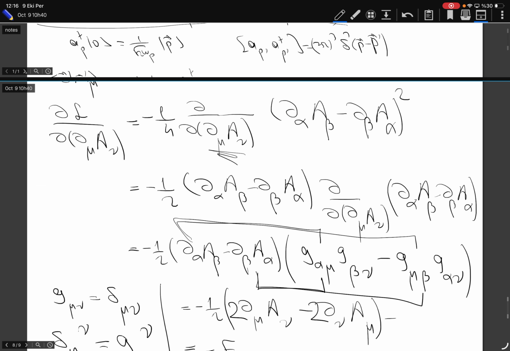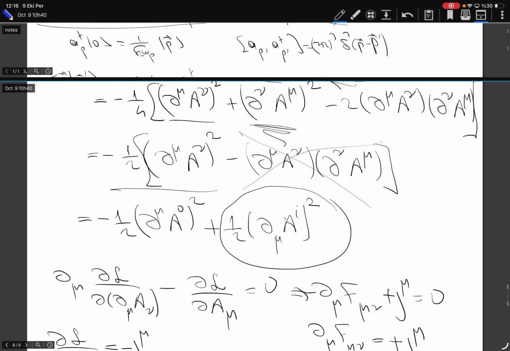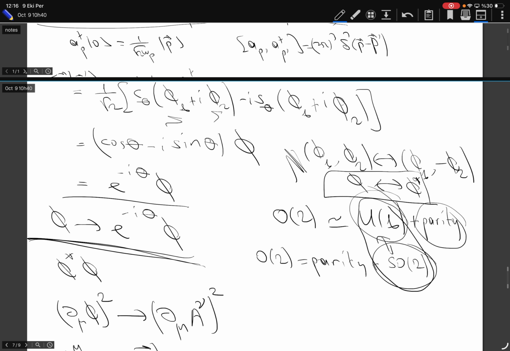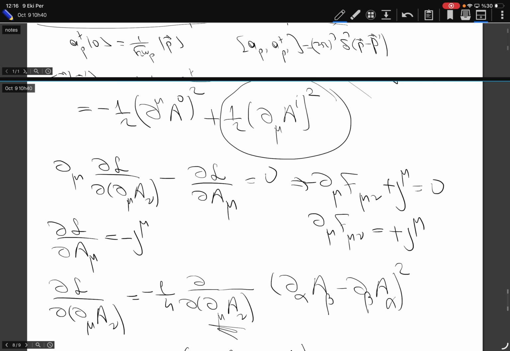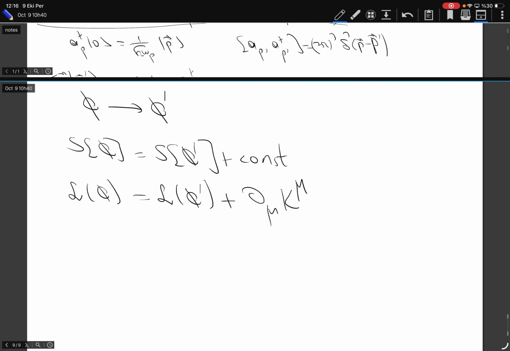If you go back to the cases we considered, this will be the first one I will study. Under such a phase redefinition of my fields, this just becomes 0. There's no total derivative that comes from that transformation.